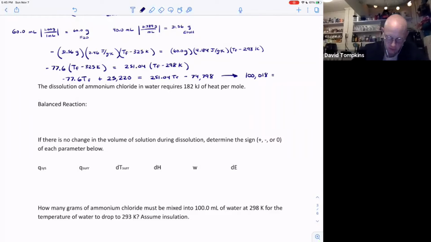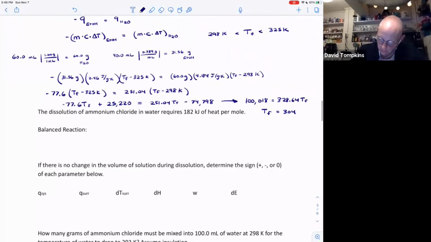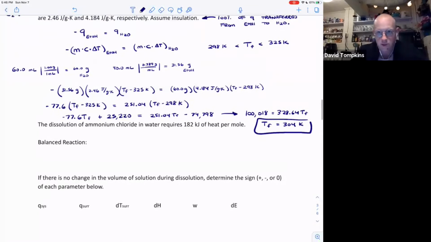That's equal to 328.64 T final, and then you can divide. So for T final, I get exactly what we expected. 304 Kelvin, somewhere in that range.